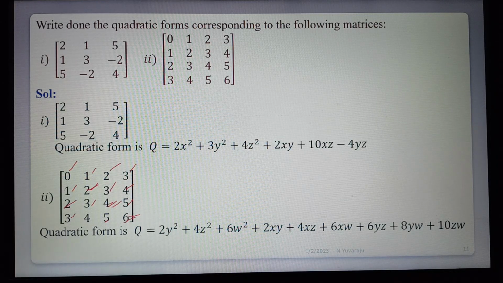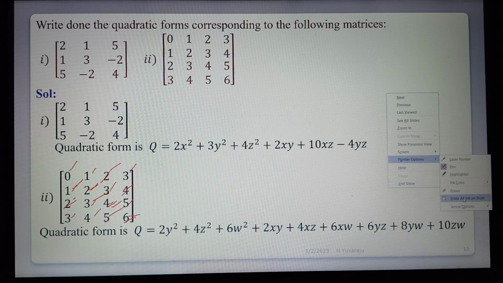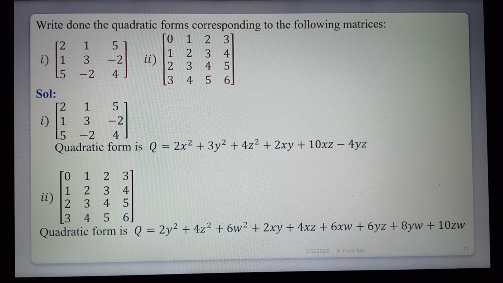Next xy: 1 plus 1, 2xy. Next 2 plus 2, 4xz. Next xw: 3 plus 3, 6xw. Next y with z, 6yz. Next yw, 8yw. Last, zw, 10zw. This is the quadratic form of the given coefficient matrix.